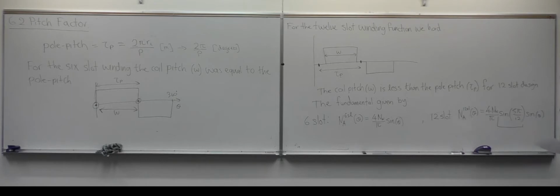So the cost of having the lower additional harmonics was a slightly reduced fundamental. We can characterize this, and it's important for voltage because the induced voltage, if it was a generator, would be less if the fundamental is lower. We can characterize this using a factor called the pitch factor.